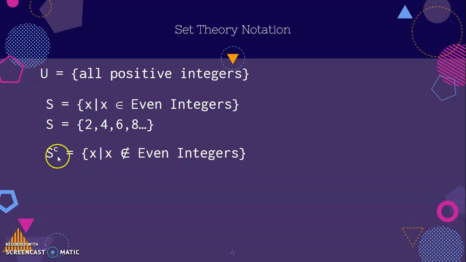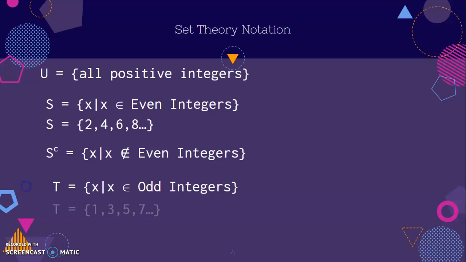So it's kind of like everything that's not in S, but it's in U. I'll define a new set T that is all elements that are odd in the universal set. And what this looks like, of course, is 1, 3, 5, 7, and so forth. And we've defined a set T, and we've defined a set S. And here we've defined a new set called complement. But really this is just how you define a complement. A complement is everything that's not included in a set, but is included in the universal set.